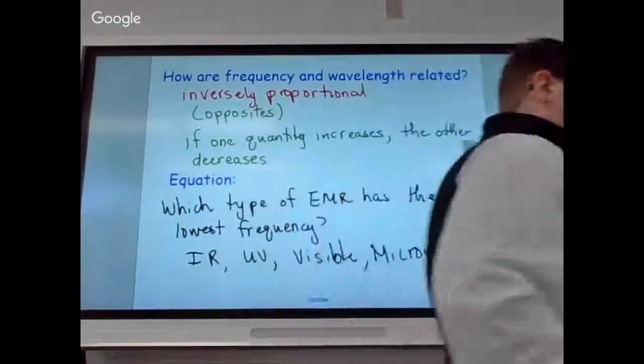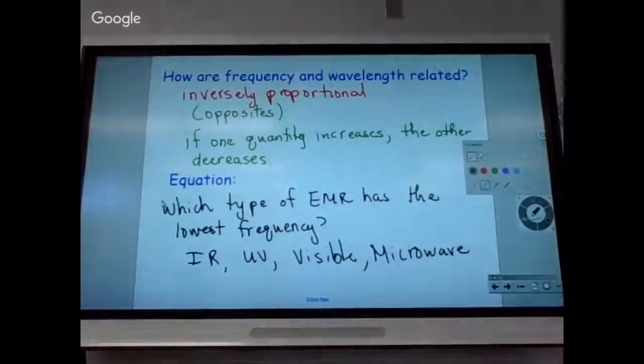All right, let's say those are the 4 choices on the test. And you have this question, and I'm asking you, which type of EMR has the lowest frequency? And I have these 4 answers.